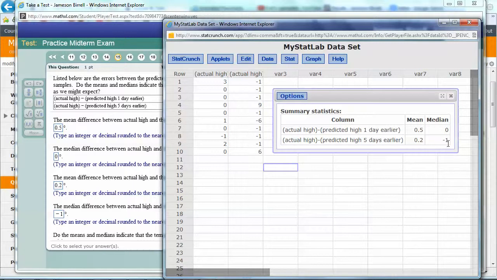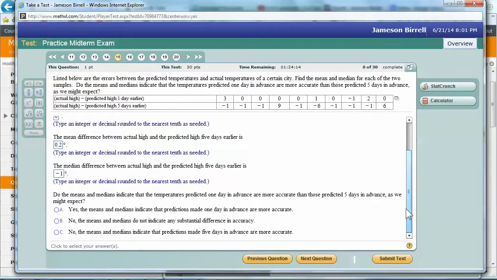Now this is negative, so it starts from the left, and that's 1 whole point to 0, and then another 0.2, 1.2. So we are showing more consistency in the 1 day earlier forecast rather than the 5 day earlier forecast. So I would say yes, the means and medians indicate predictions made only 1 day in advance are more accurate, or there's a higher consistency there.